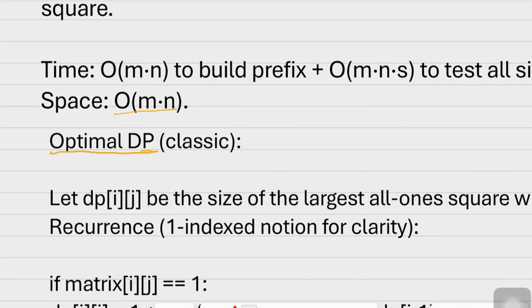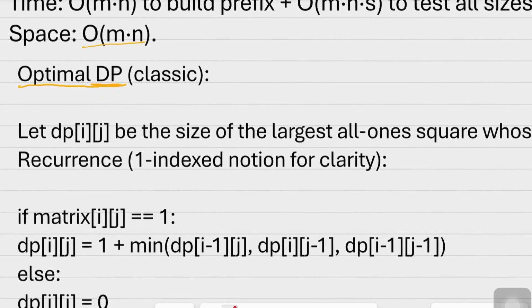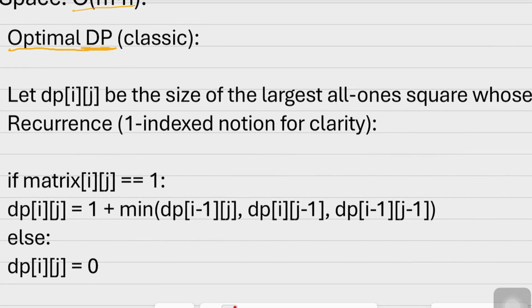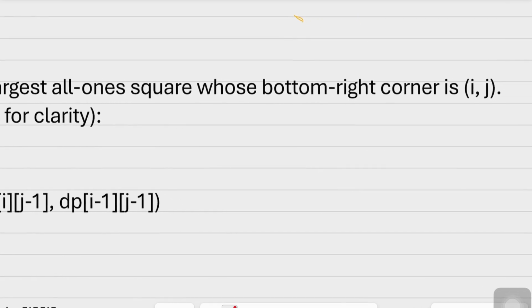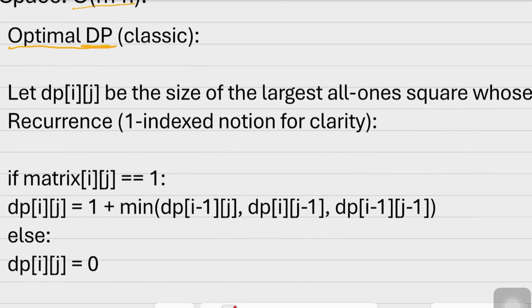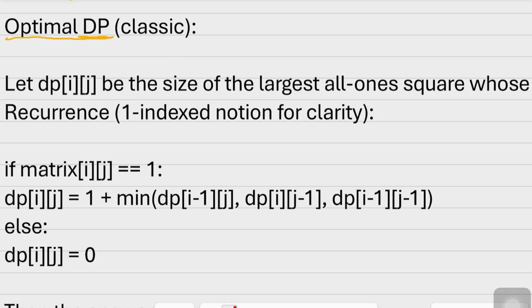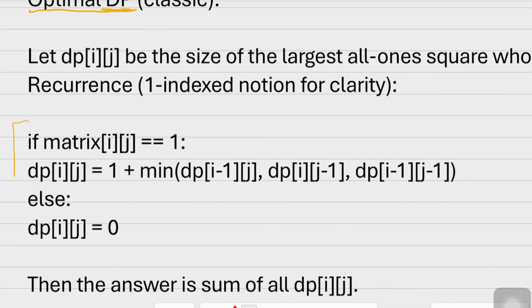Now let's look at the optimal DP. Classic approach: let dp[i][j] be the size of the largest all-ones square whose bottom right corner is i, j. Recurrence, one-indexed notation for clarity: if matrix[i][j] equals 1, dp[i][j] equals 1 plus the min of dp[i minus 1][j], dp[i][j minus 1], dp[i minus 1][j minus 1].